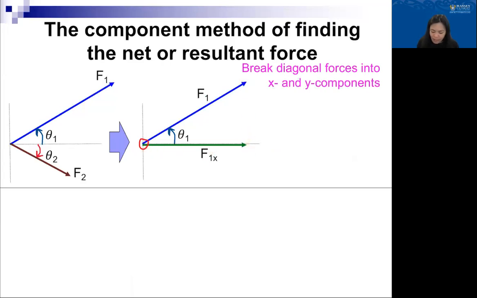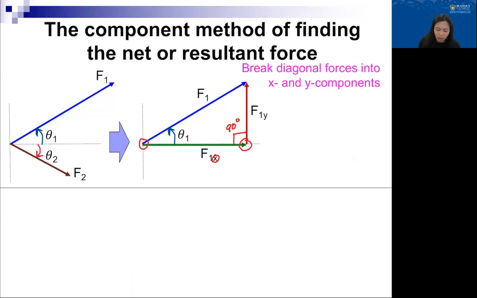F1x, the x tells you it's the x component. Then you draw the vertical vector so that its tail meets the head of the horizontal, and you form this right-angled triangle. So you should have a 90-degree angle between the x and y components of your vector.